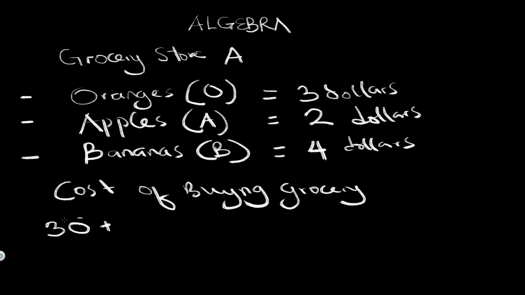a letter, an alphabet, so let's just put it as a star. And you have 2A, and then you have 4B. And then they could have a certain fixed cost.